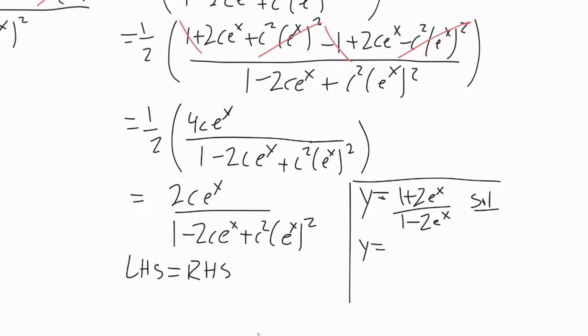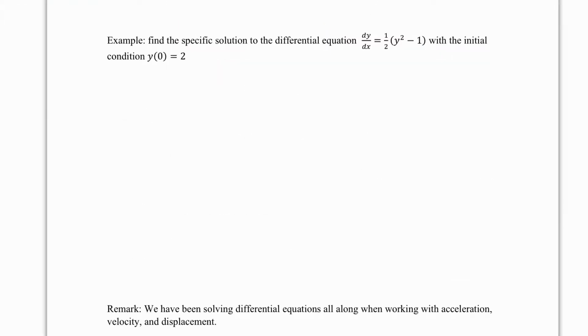Or y equal to 1 plus 7 e to the x over 1 minus 7 e to the x, that's also a solution. Any value of c you put there will be a solution. There's infinitely many solutions, which is kind of cool.